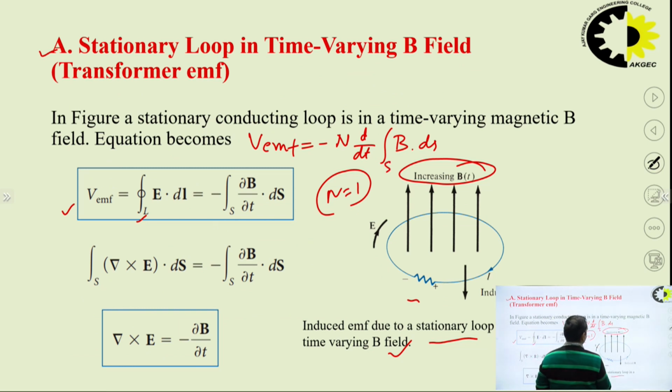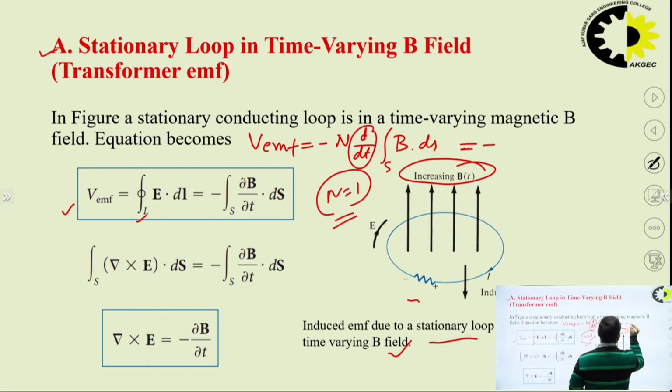Because we have one loop, n is equal to 1, and we can take this differentiation inside, so it will be equal to minus the integral of del B upon del T dot ds. So now V EMF is equal to this one.